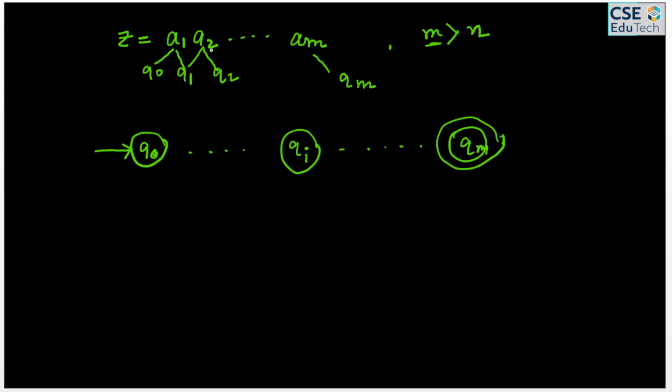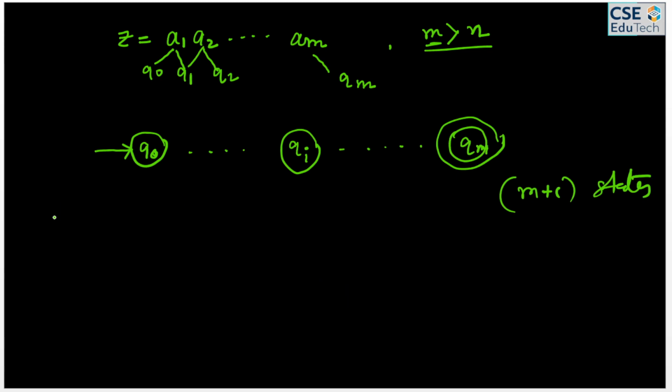So now a1, a2 up to am is accepted by this automata, and now the concept is, if m is greater than n, where n is the number of states and m is the length of the string, then obviously there are m plus 1 states.